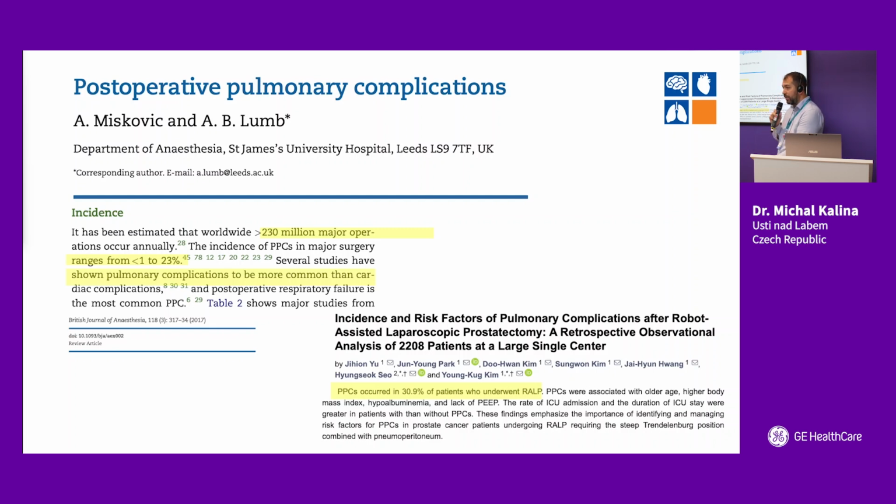But it really depends on the type of definition you choose for PPC. If you choose the strictest definition for PPC, it also includes conventional oxygen therapy. And then if you look at the subgroup of patients that undergo laparoscopy or robotic surgery, the incidence can be up to 70%.